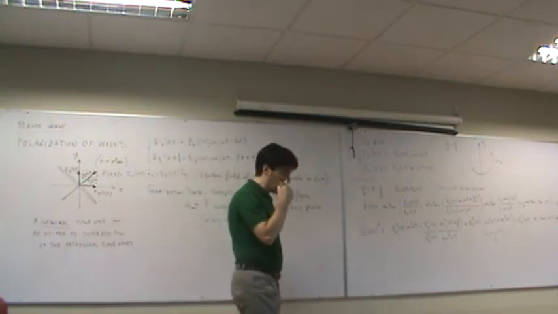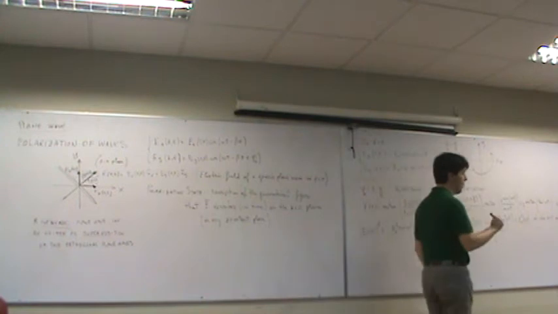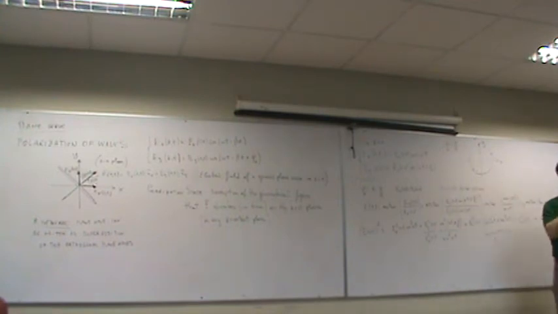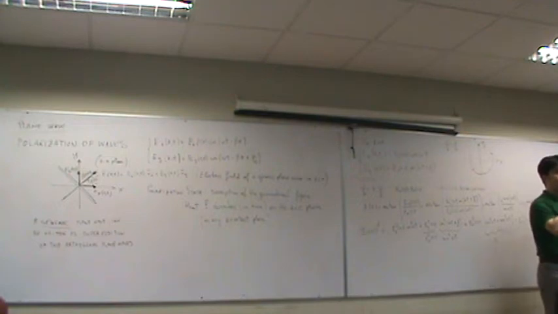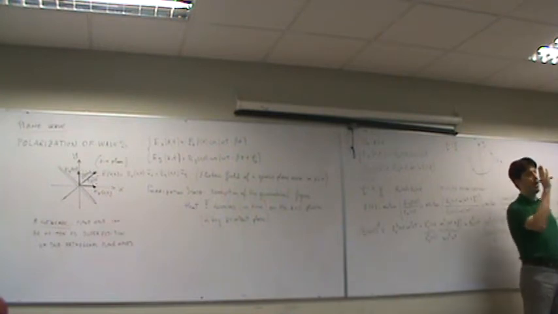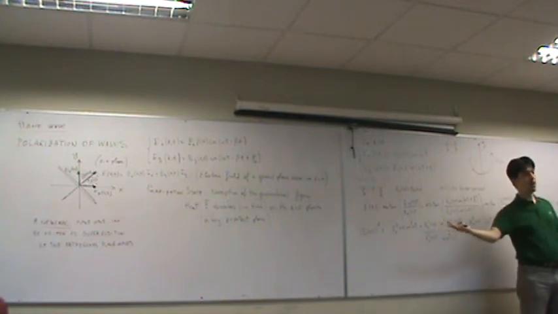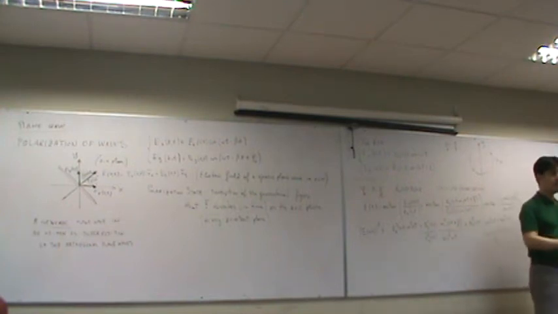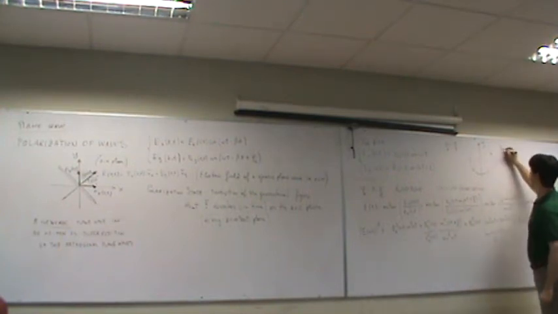Now, when you say left or right-handed, you always have to see things from the point of view of the electromagnetic wave. So you have to imagine being the electric field of the electromagnetic wave and look into the direction of propagation. In this case, I am rotating towards my right. So this is right-handed circular polarization.